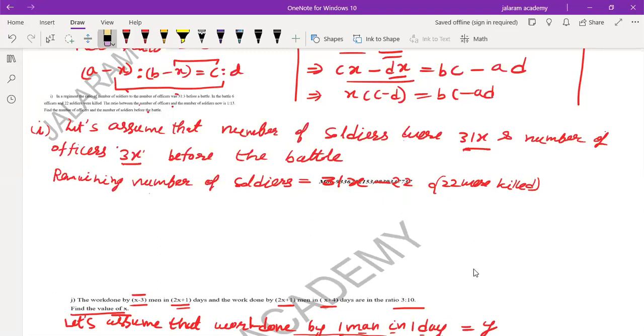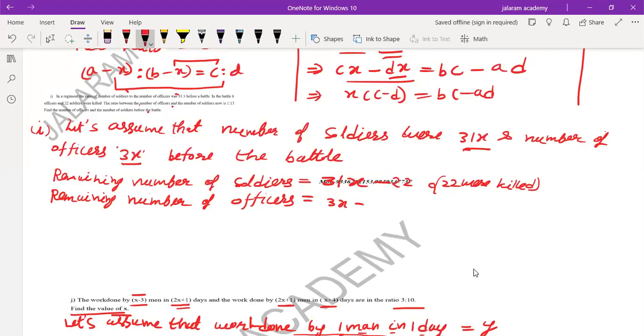And at the same time, the remaining number of officers also we will find. Remaining number of officers equals, initially there were 3x officers, but according to the question, read the question, how many were killed? 6 officers were killed.